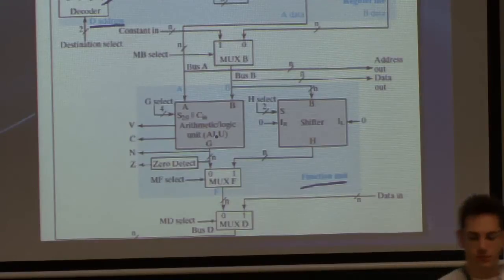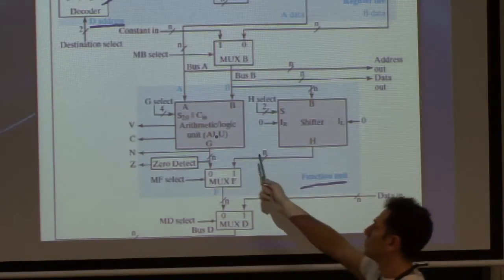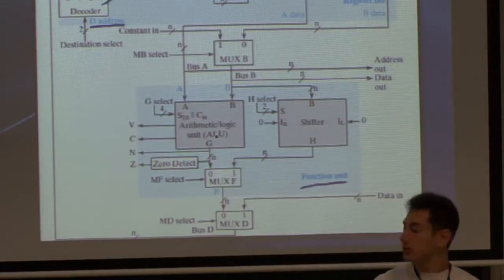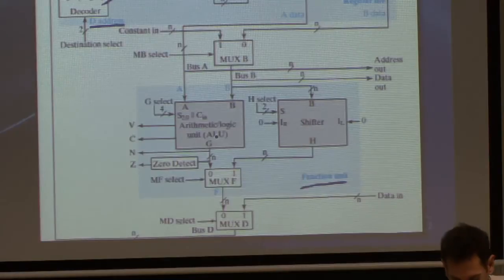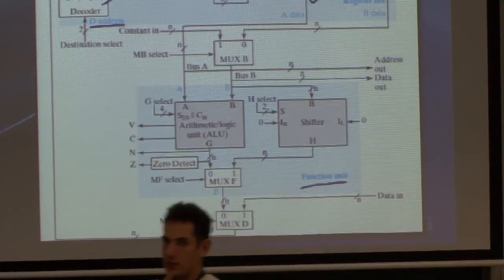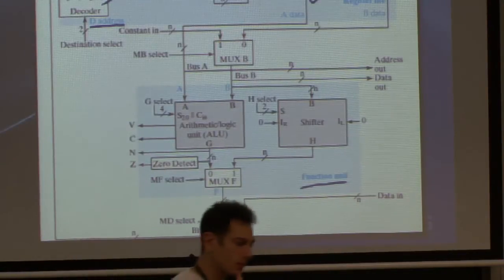A logic unit is a unit that does bitwise operations on your operands, so bitwise AND, bitwise OR, bitwise XOR, bitwise invert. The arithmetic logic unit, the ALU, will take 2 inputs, A and B, and for now, let's assume those inputs are exactly what's coming down from our registers selected by the A and B addresses.